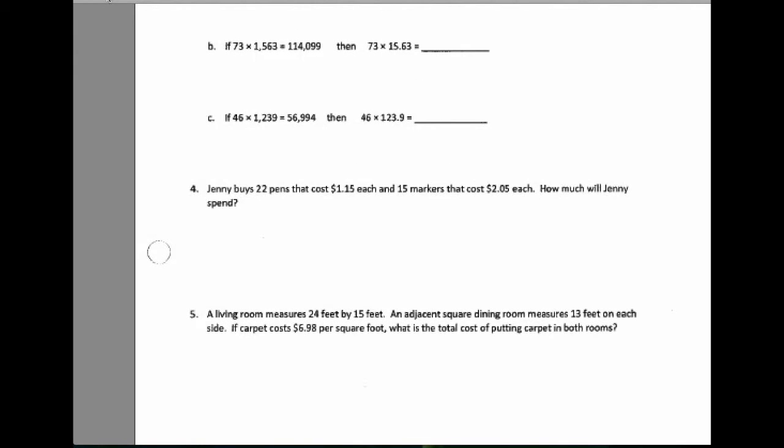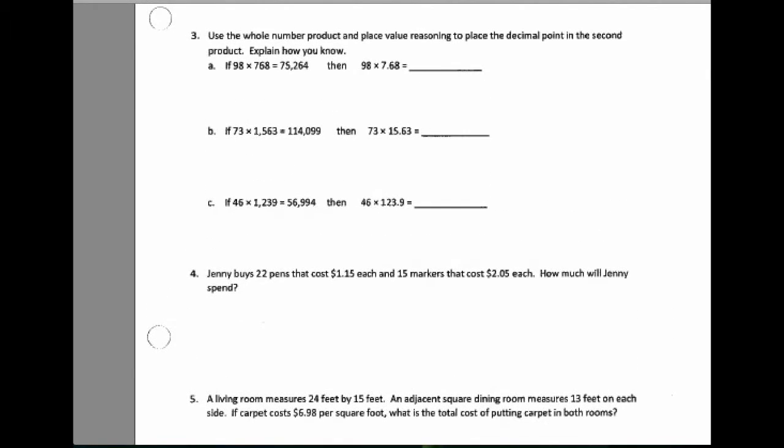Okay, here we go. Says use whole number product and place value reasoning to place decimal point in the second product. Explain how you know. So if 98 times 768 equals 75,264, then right now, what would 98 times 7.68 equal?